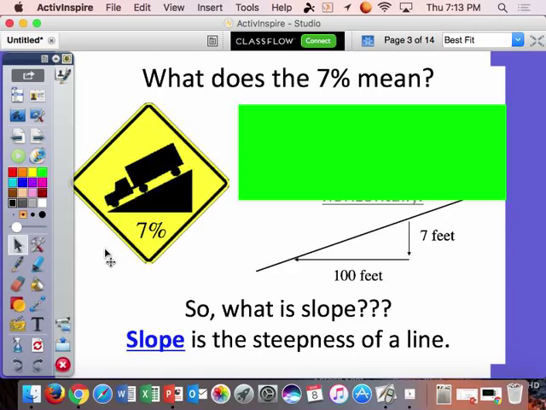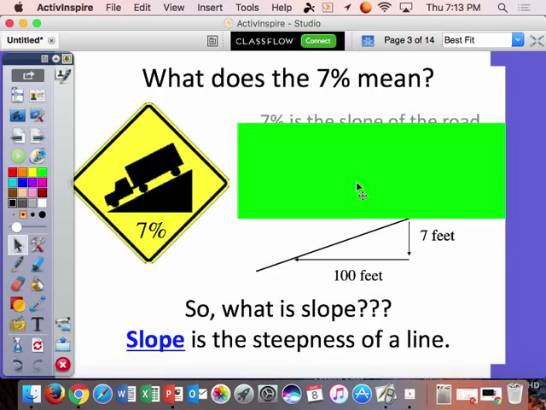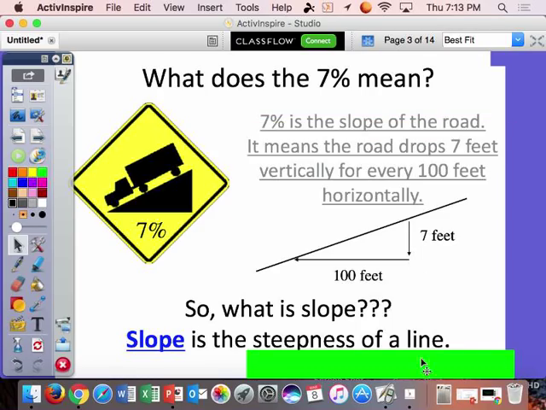Every 100 feet, whether you're going up the mountain or down the mountain, you rise or fall 7. Isn't that cool? So I need you to pause and write that down. 7% is the slope of the road. It means that the road drops 7 feet vertically for every 100 feet horizontally.